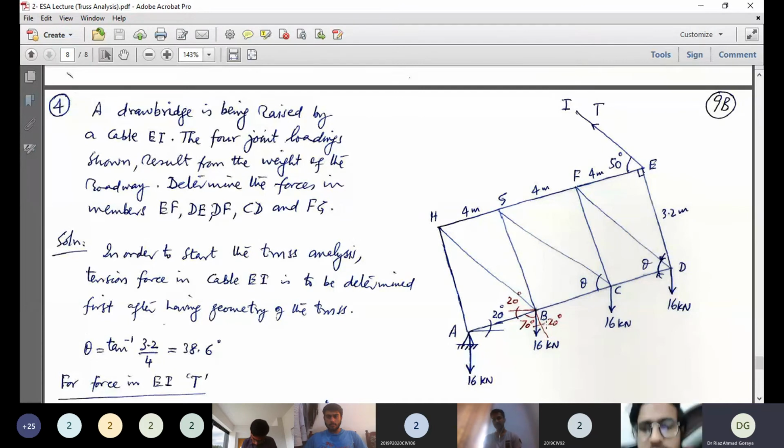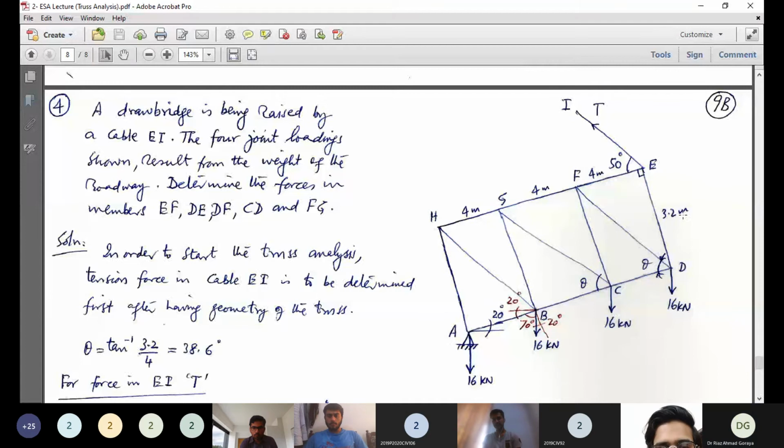So this theta can be determined from the given dimensions 3.2 and 4, that is tan theta is equal to tan inverse 3.2 over 4, 38.6.